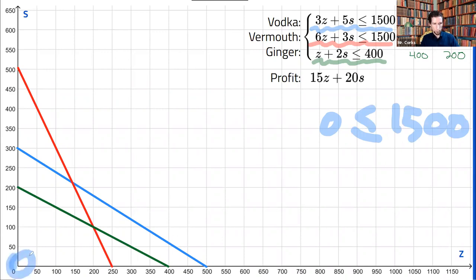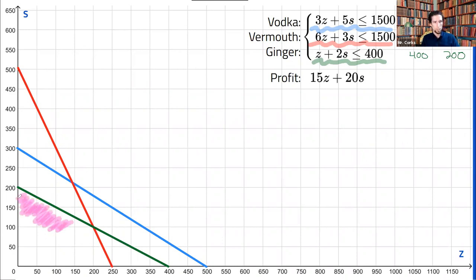So the origin is included, so that must mean that we are below each of these. Let's do a different color, pink. All right. So below the blue one, but that doesn't really matter because we have to be below the green one as well and below the red one. So this is our region here.